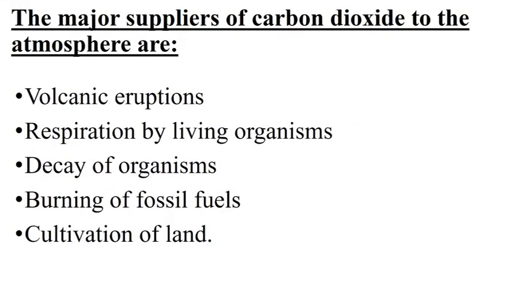So, the major suppliers of carbon dioxide to the atmosphere. These 5 points are the major sources of carbon dioxide, where carbon dioxide is gotten from or where it is coming from into the atmosphere.